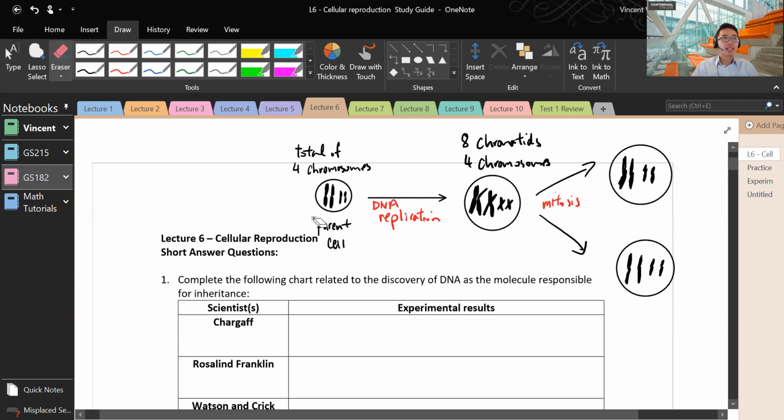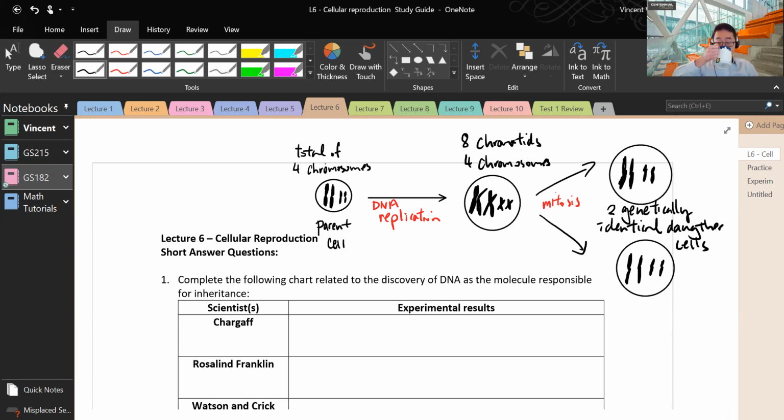So this one is the parent cell. These are 2 genetically identical daughter cells. These are exactly the same in every way genetically as the parent cell, assuming there are no errors during the whole process.